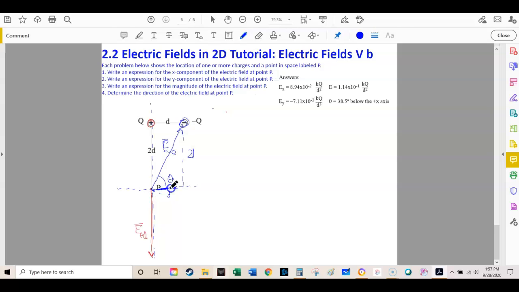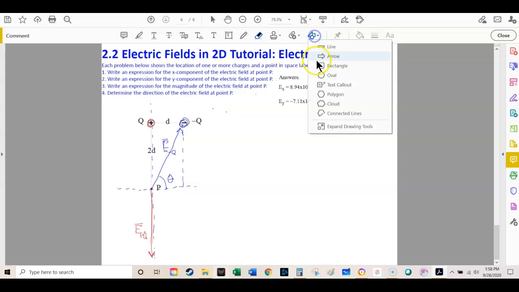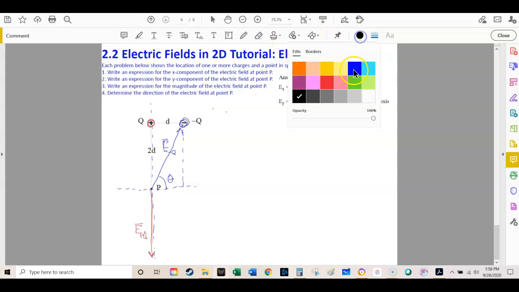And this part of the arrow, we're going to break up this hypotenuse into up and down and left and right. Okay. So actually, let me do that with vectors. I'm going to draw this arrow here.